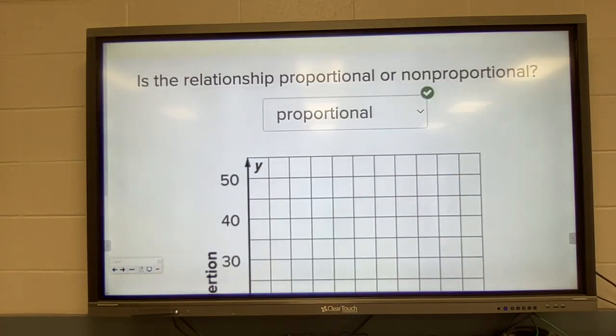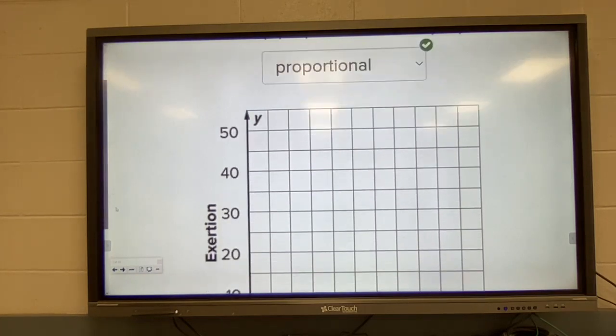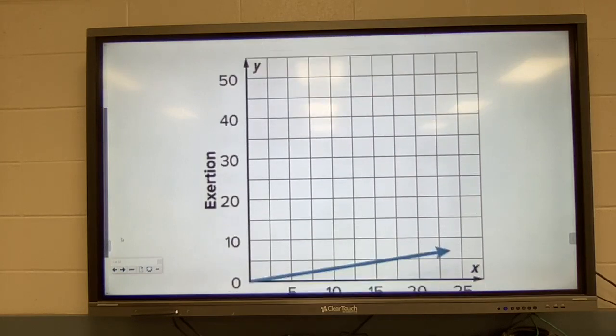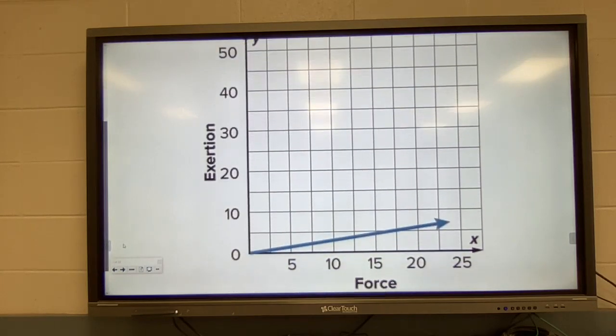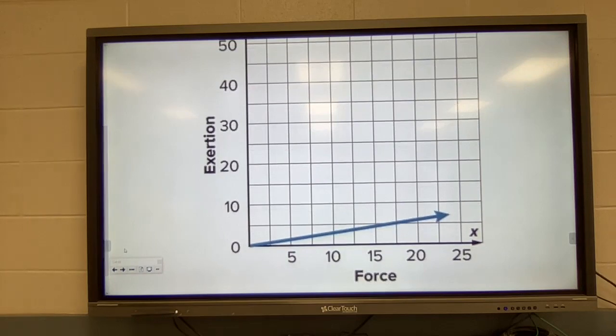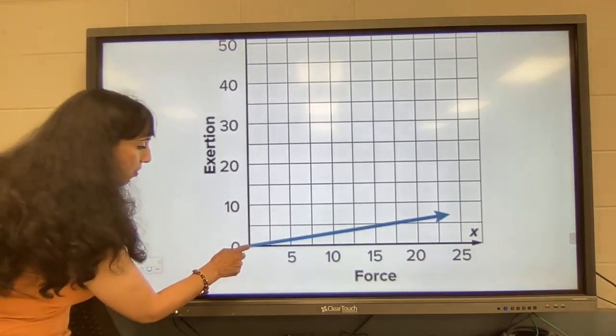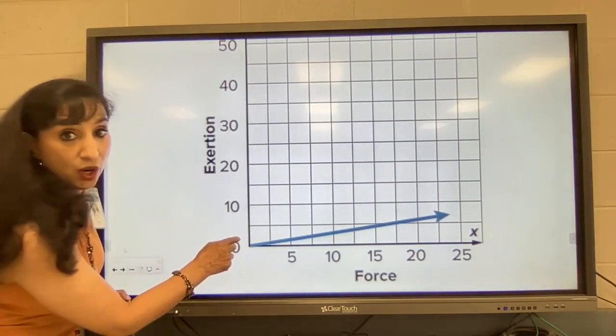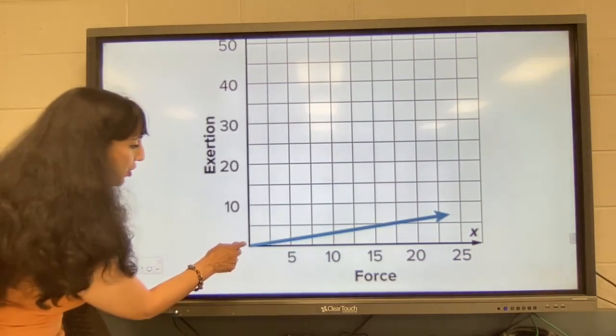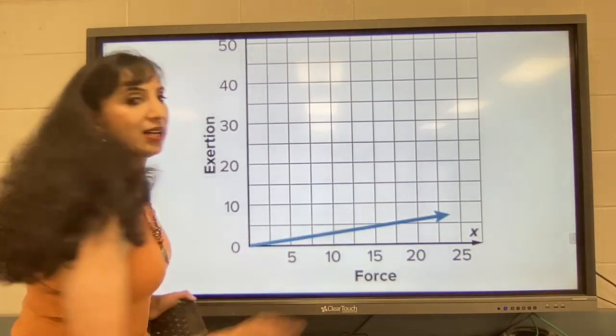So let's look at this. Is the relationship over here proportional? If I look at this graph, is it starting at 0? We have 0, 0, the ordered pair over here. It is at the origin and it is a straight line.